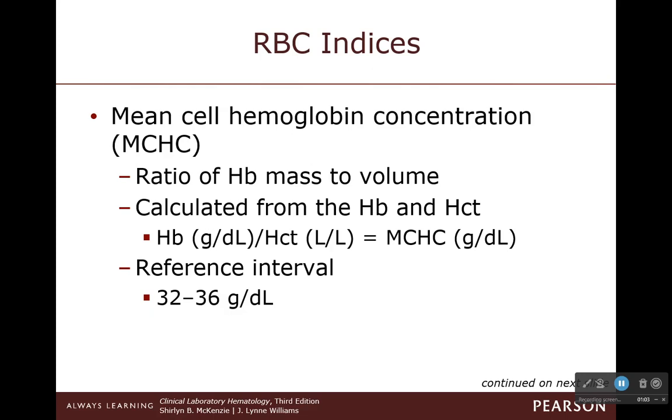Okay? Here's why. Cells that don't have a central pallor are known as spherocytes. Okay? So instead of saying we have 1+, 2+, 3+ hyperchromia, we say we have 1+, 2+, 3+ spherocytes. Does that make sense? That makes sense?